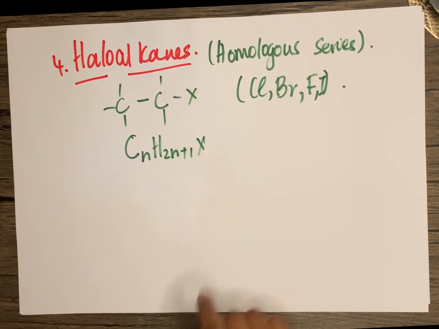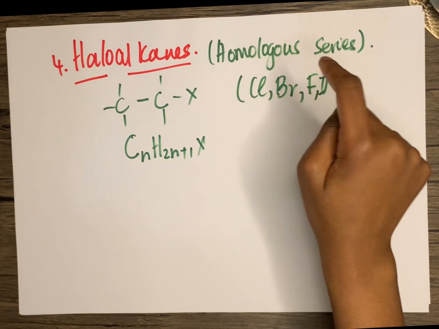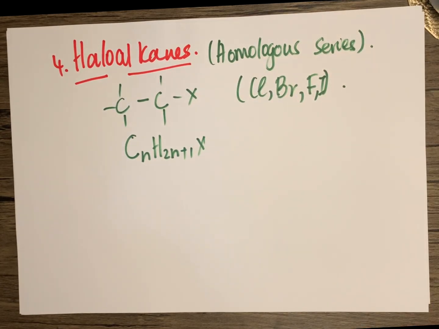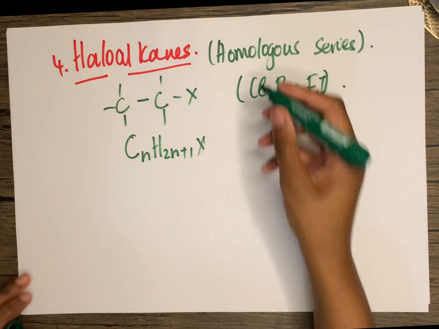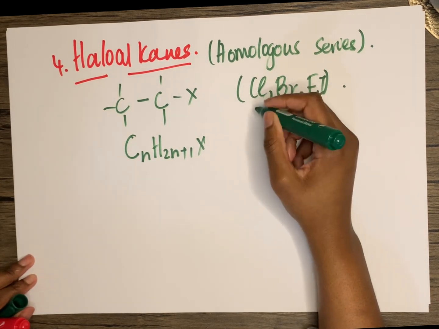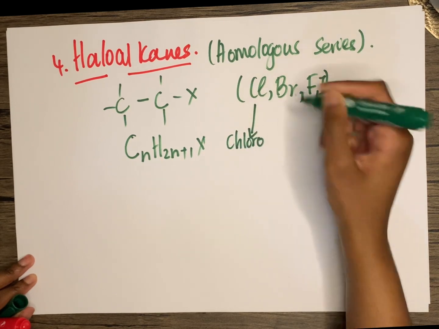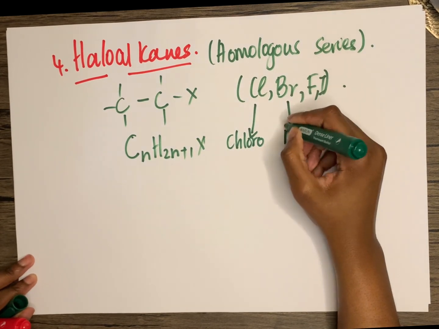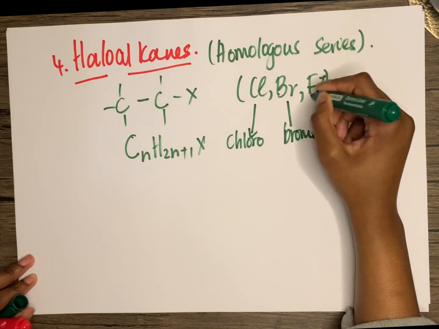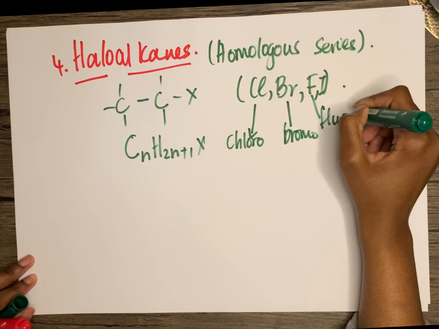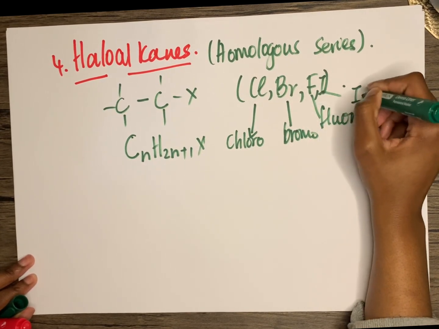Again, the X is representing chlorine, bromine, fluorine, or iodine. But when we are naming them, when it comes to haloalkanes, we name a chlorine substituent as chloro, bromo, fluoro, and iodo.